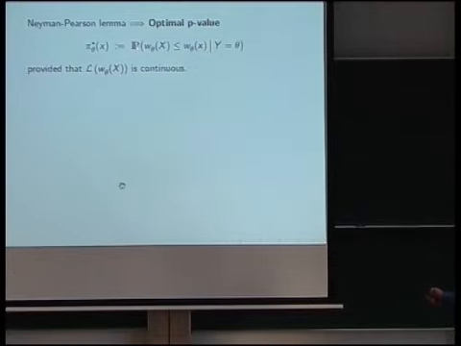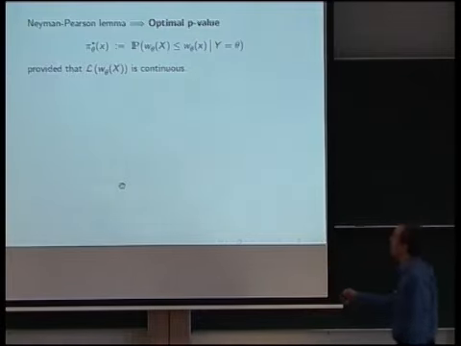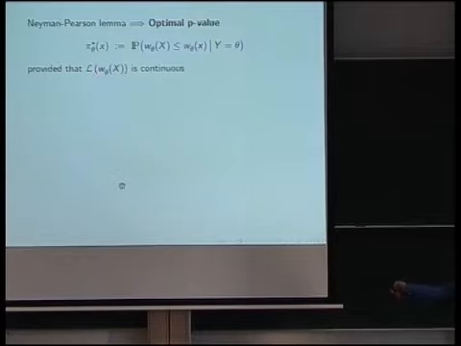So you consider the distribution of the posterior probability conditional on class theta, and you transform this number, which is already between 0 and 1, again to the unit interval, and that gives you an optimal p-value. And this works well if the distribution of this posterior probability is continuous.